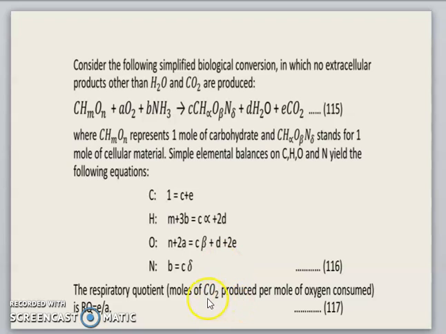So it will be based on CO2 over oxygen. This equation is based on the stoichiometric equation represented by equation 115 in the notes. For other stoichiometric equations, you have to look at the number of molecules in the stoichiometric equation.